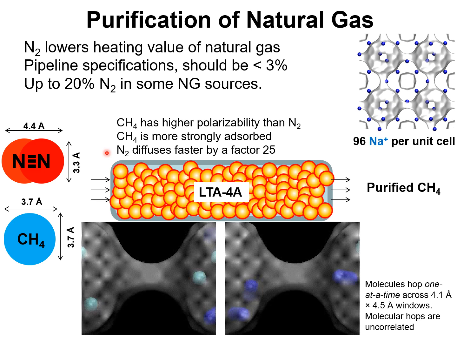Most known adsorbents are selective to methane because of the higher polarizability of methane in comparison to that of nitrogen. Therefore, one technological solution is to use LTA 4A zeolite with 96 sodium cations per unit cell.